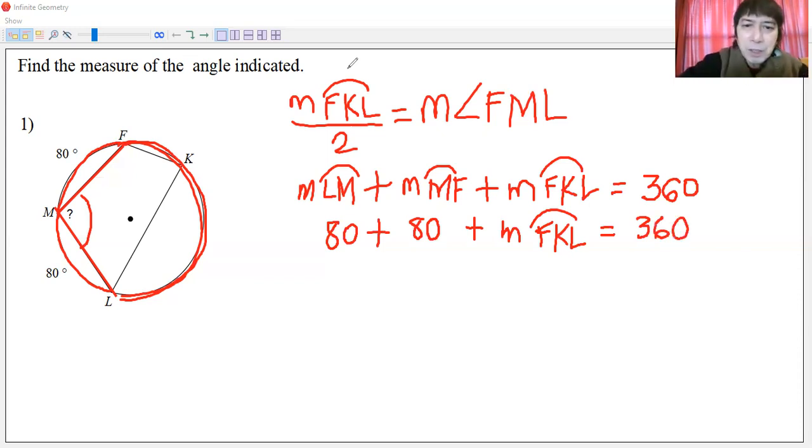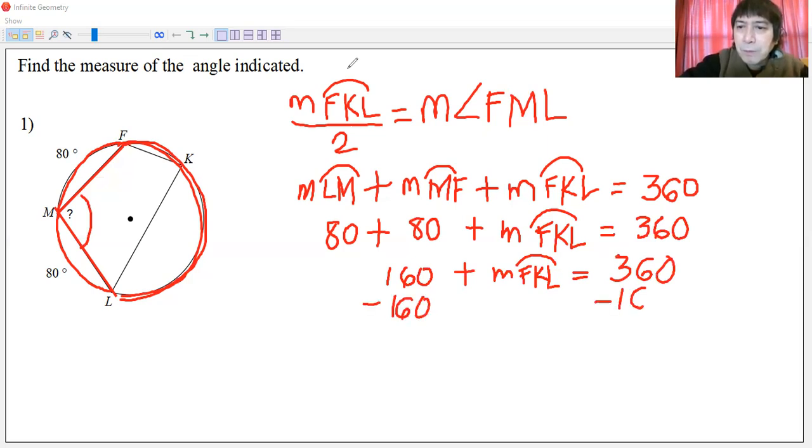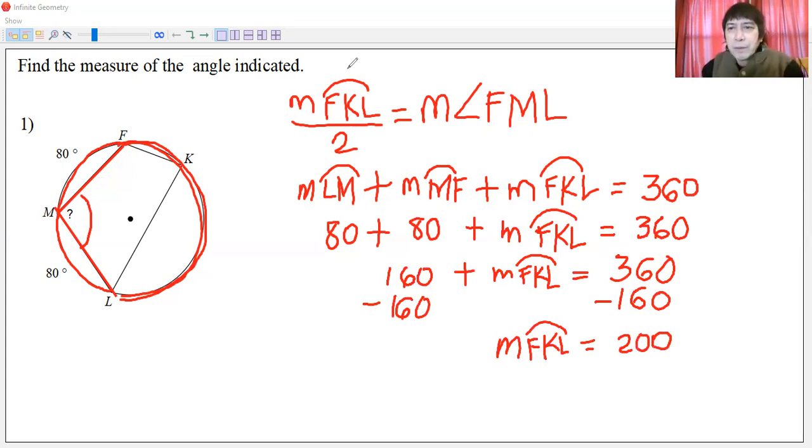So 80 plus 80 is 160, plus the measure of FKL is equal to 360. Now we subtract 160 from both sides, and we shall have the measure of arc FKL, and this must be about 200 degrees.